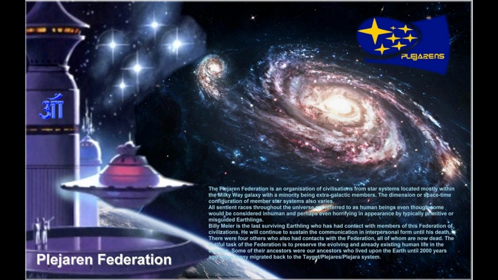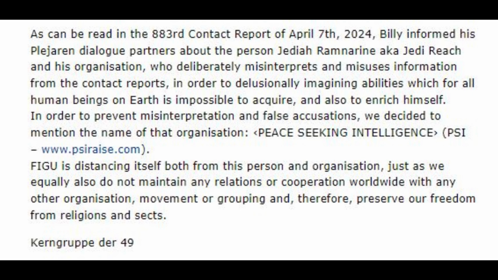The second point is important information in the contact reports from April 2024, so pretty recent, about a group considered dangerous grifters by FIGU, Billy Meier and his ETs. They used the Billy Meier material, added their own fantasies and formed a type of cult with bad intent. Billy Meier doesn't want to be associated with them, and that's the crux of the message.